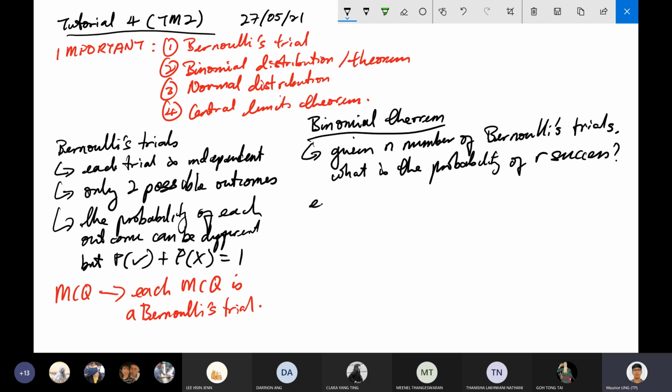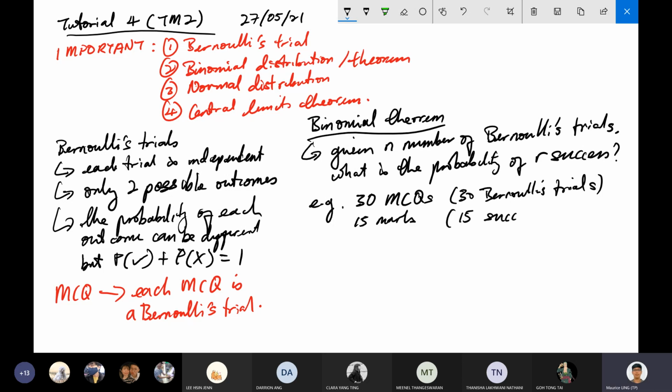For example, you have 30 MCQ questions, so essentially 30 Bernoulli's trials, and you want to find out the probability of 15 marks. So you have 15 successes.